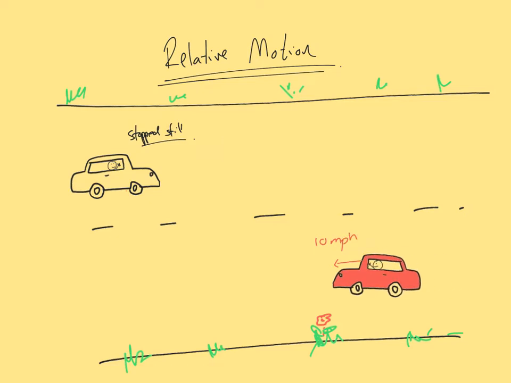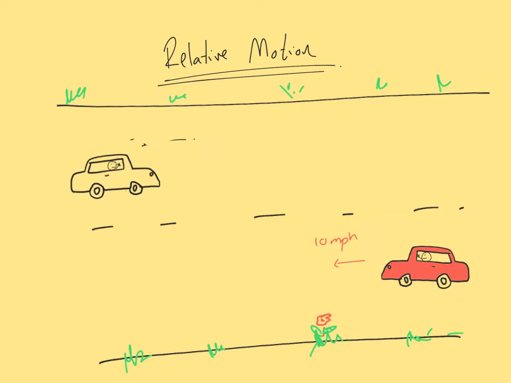So as this car moves towards that car, there's a difference in their speeds. That one's 0, not moving. This one is 10 miles an hour towards it. So their relative speed is 10 miles an hour, because that's the difference between the motion, and it's 10 miles an hour adding together or coming towards each other.